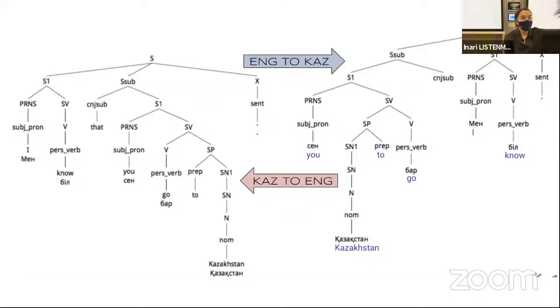Exactly, because in the English one on the left, the words have been translated into the target language, but the syntax is still English syntax. So then they do a tree transformation to get the correct target language syntax.